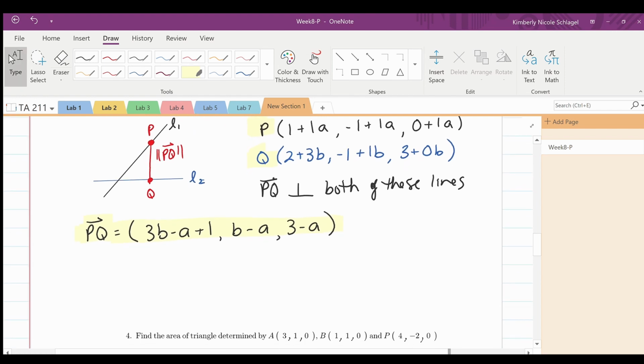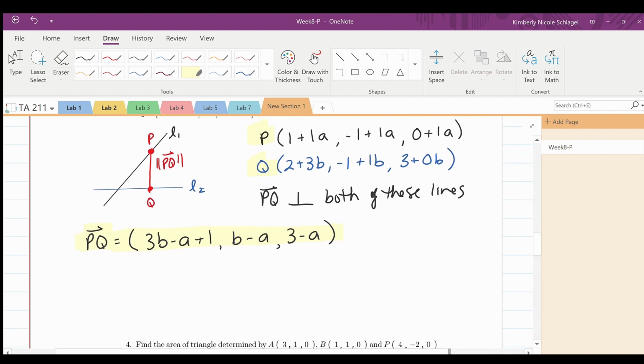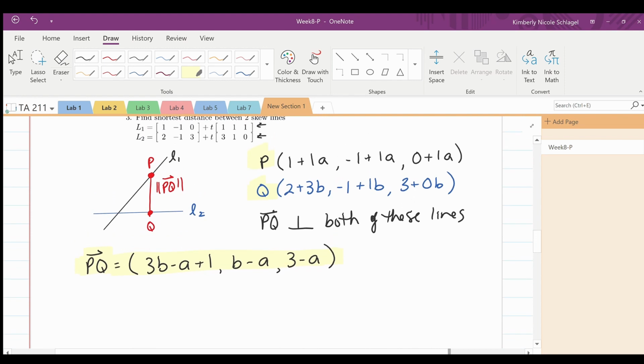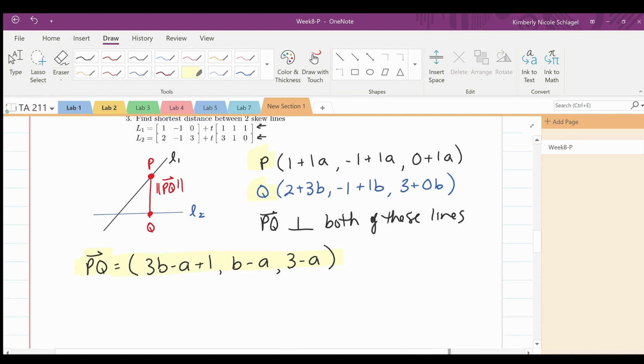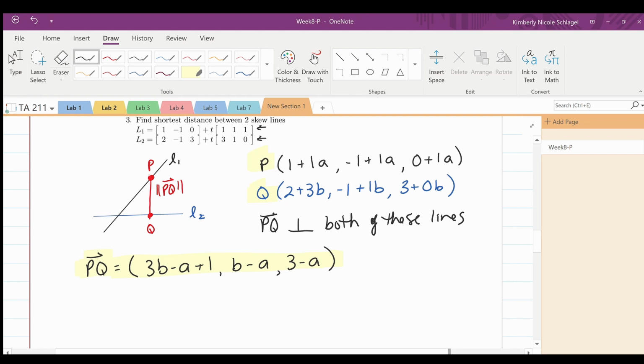Next thing that I'm going to do is, I know that PQ is perpendicular to line 1. Hopefully you guys agree with that. This line right here, this PQ, is perpendicular to my line 1, and that should make sense even from the picture here.